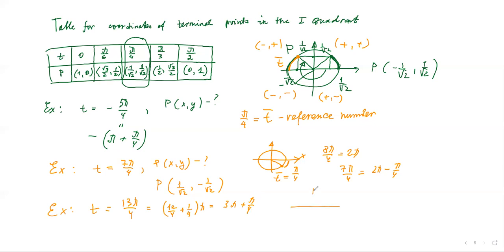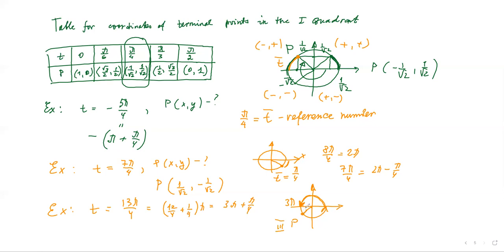Well, if you draw a picture, what is 3 pi? It's 1 pi, 2 pi, and 3 pi. Again, back over here, 3 pi. If you do one extra pi over 4, you're going to arrive over here. So the point sits here in the third quadrant, right?